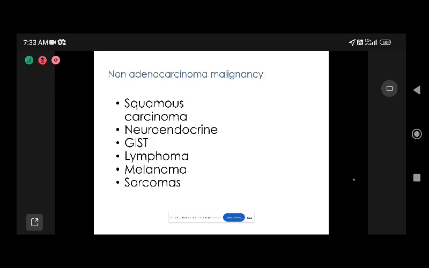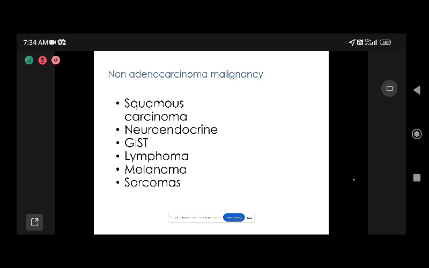Not infrequently, we can also get a non-adenocarcinoma malignancy, and the pathologist has to be aware because in a poorly differentiated malignant tumor, morphology may not be enough, and you may require immunohistochemistry to further subtype it because you can get other tumors as well. You can get squamous carcinoma when the biopsy is from the anorectal region, and sometimes it is just labeled as rectal biopsy, and if the tumor is poorly differentiated, you may not realize that it is a squamous carcinoma rather than an adenocarcinoma.